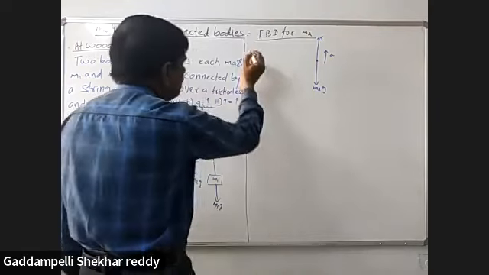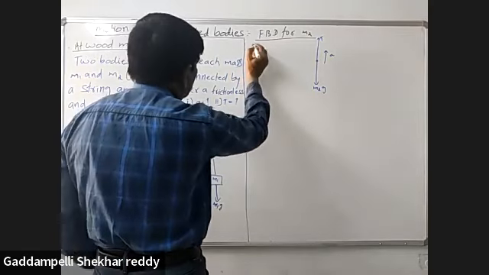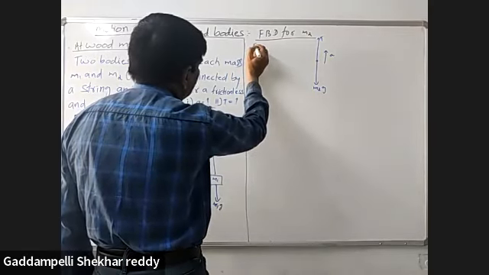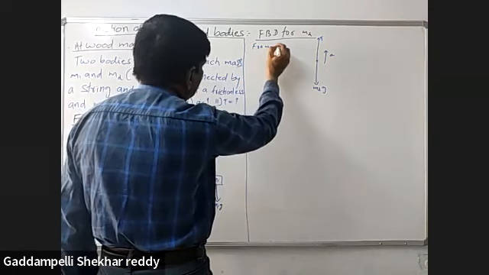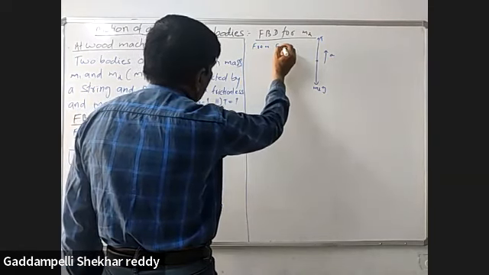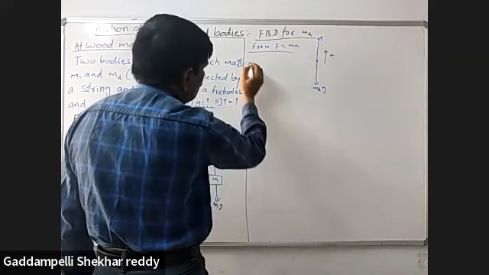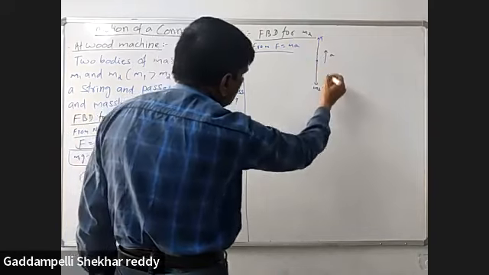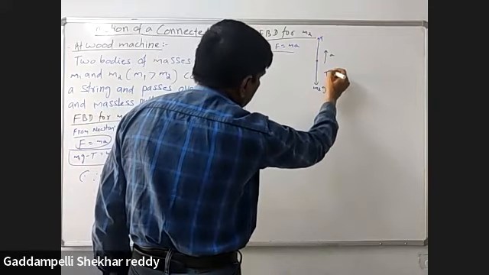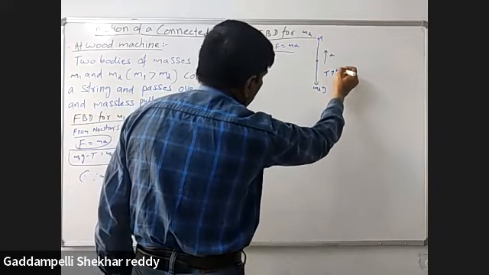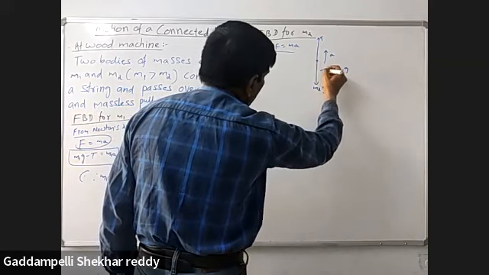According to Newton's second law of motion, F is equal to ma, where F is the net force. Your body moves up, which means the tension force is greater than the weight of the body.